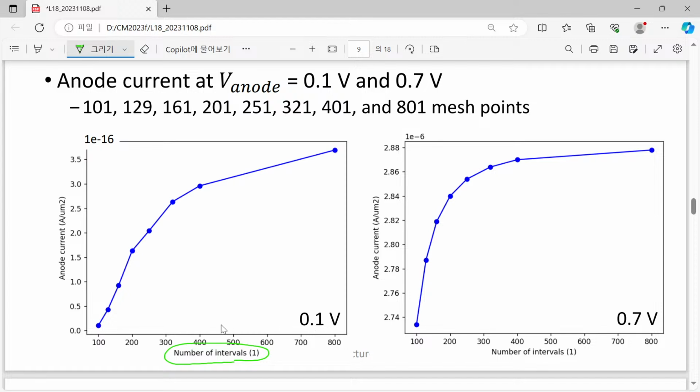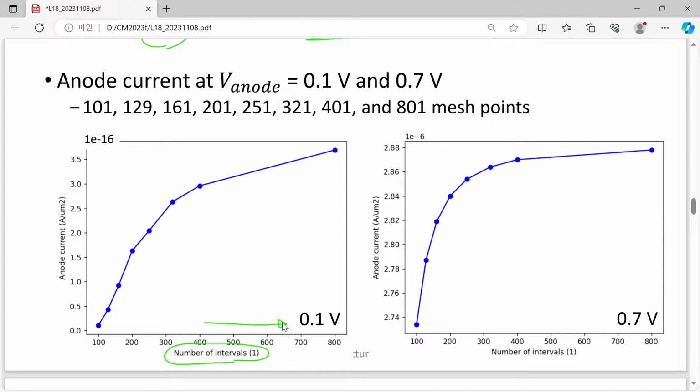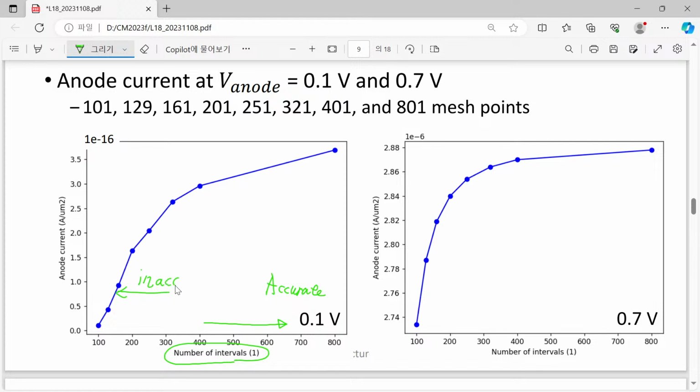So if we go in this direction, that is the direction of increasing simulation accuracy. This becomes the accurate case and this becomes the inaccurate case. Then please have a look at the difference.